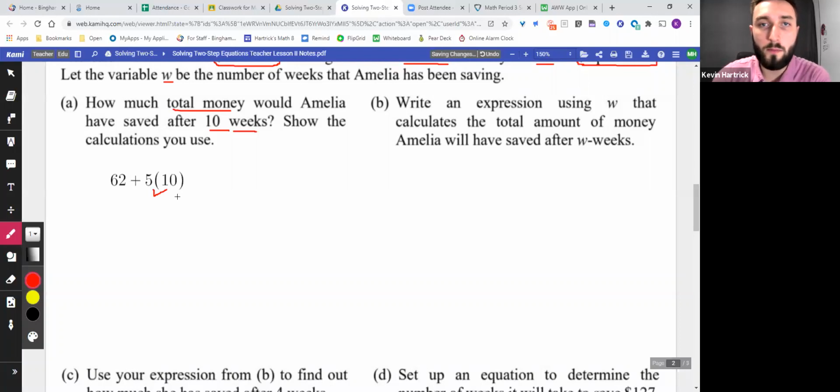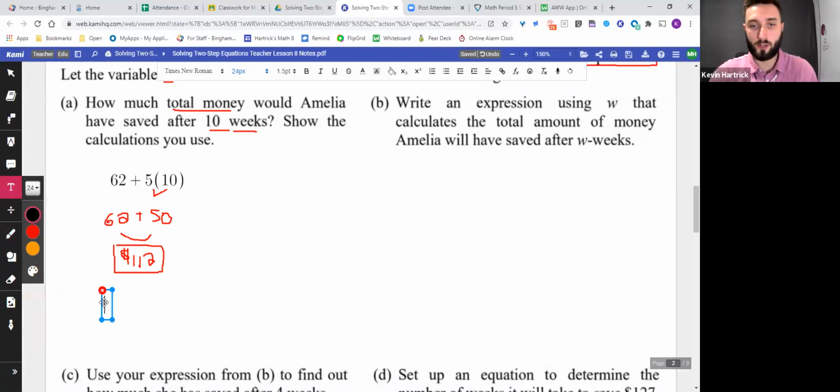We know we have to do the multiplication first because multiplication comes before addition in order of operations. So this tells me I have a 50 here and I have my 62. And when I add those together, I get 112. So she has saved $112 after 10 weeks.